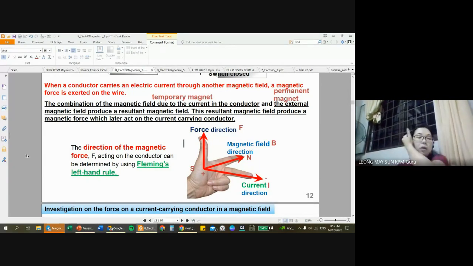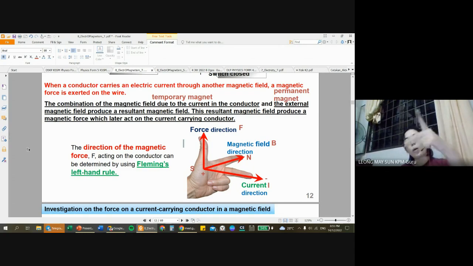That is how I determine the Fleming left hand rule. Please note one thing: the Fleming left hand rule is only applicable if the thumb and the pointing finger are at 90 degrees, the pointing finger and the middle finger are also at 90 degrees, and the middle finger and the thumb are at 90 degrees. This is how we determine the Fleming left hand rule.